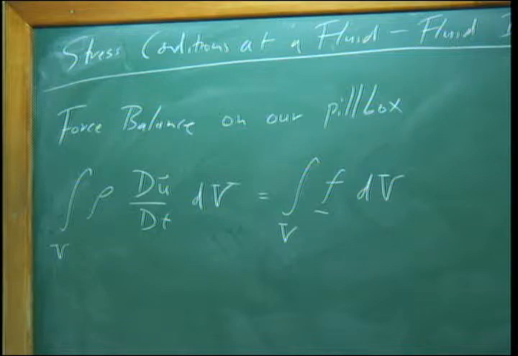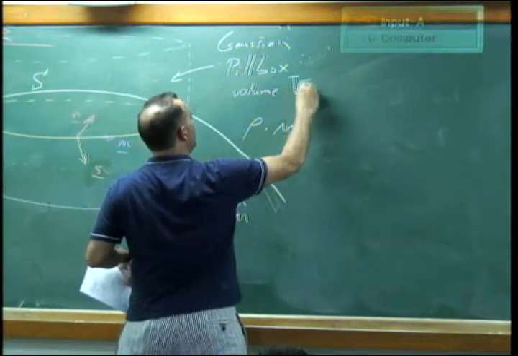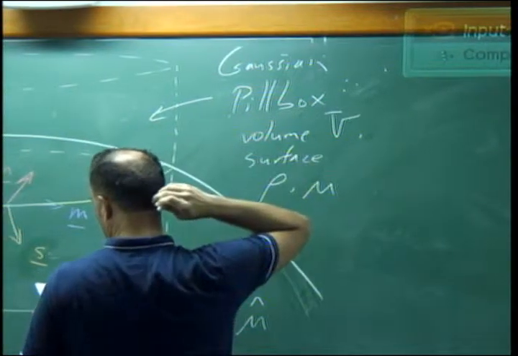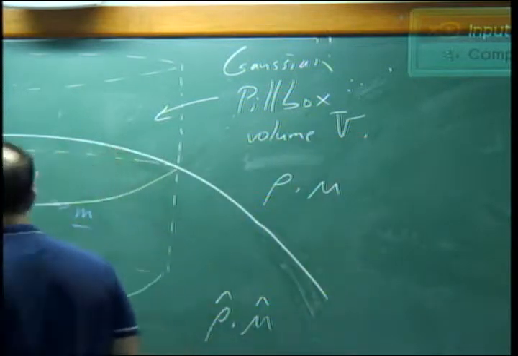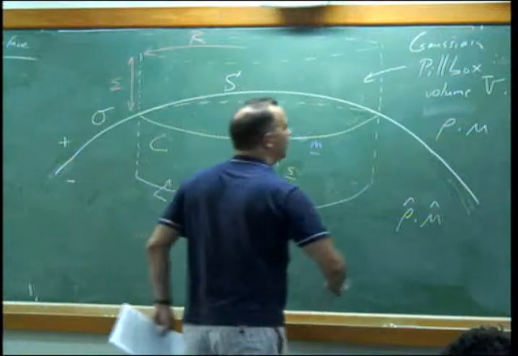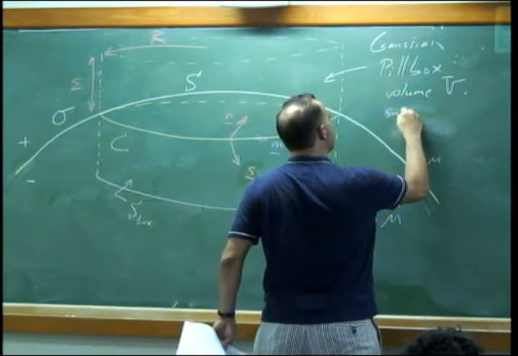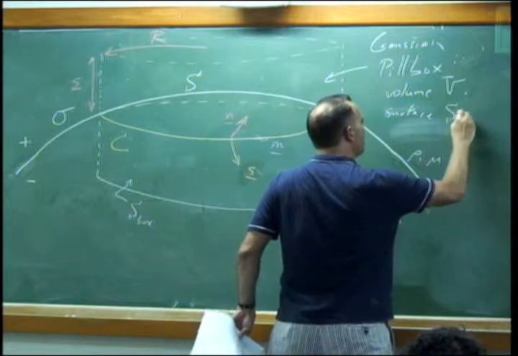So this is volume V and surface. And I think we'll just say volume V. We can call the surface of the box SB.